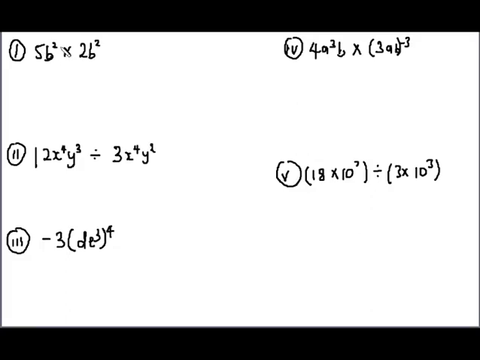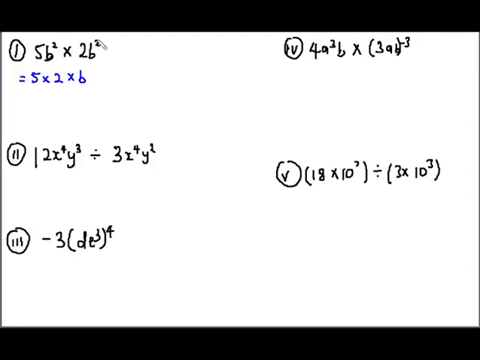Anytime you have a constant and the same base number multiplying themselves, you first of all multiply the constants in this case. So I would be saying 5 times 2, and since the base number b corresponds in each of these respective numbers, I'll be adding up their indices.